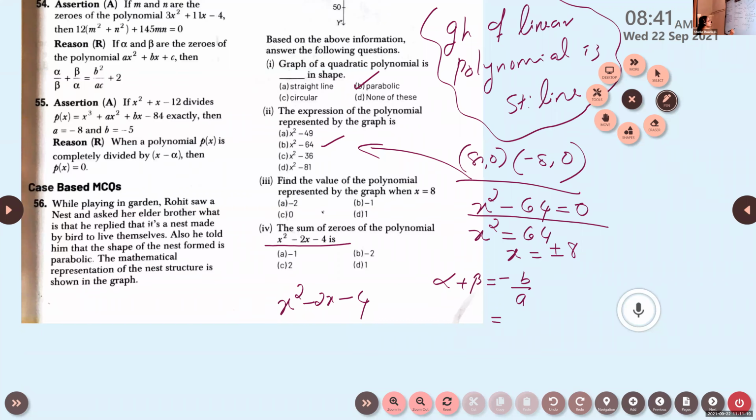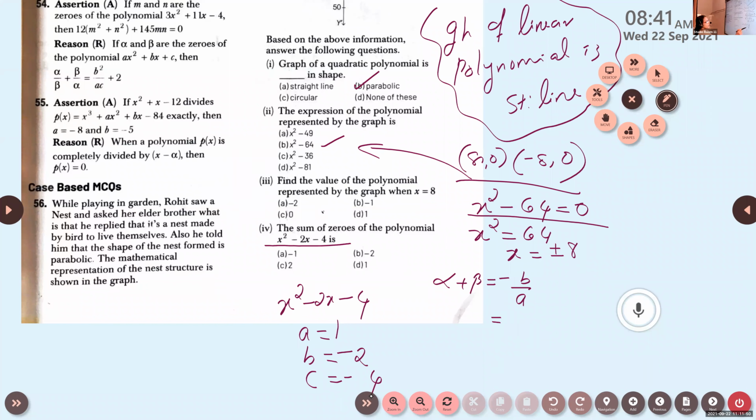What is A and B? A is what? B is what? C is what? In this equation, x square minus 2x minus 4, what are the values of A, B, C? X is a variable. A is 1. B, minus 2. Negative 2. C? Negative 4. C is negative 4.